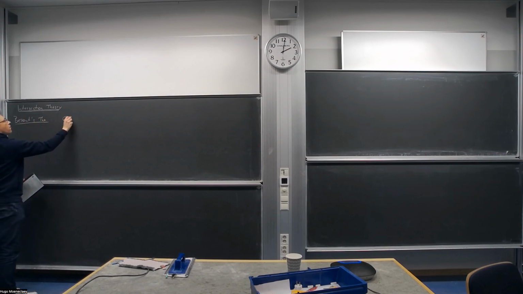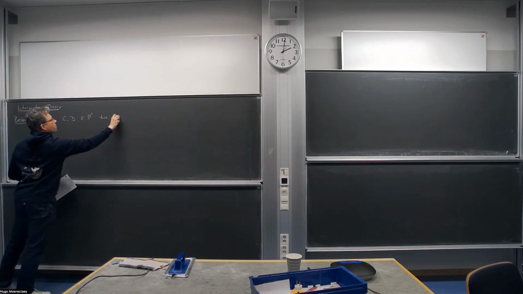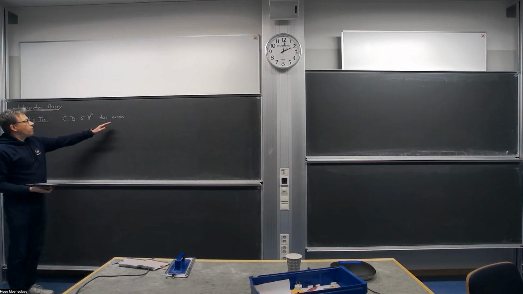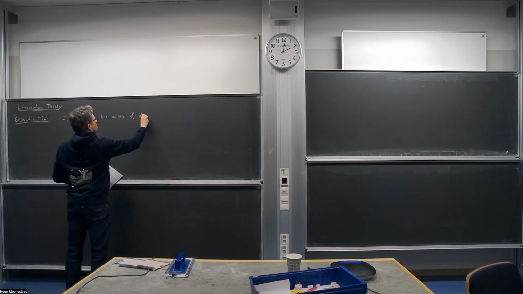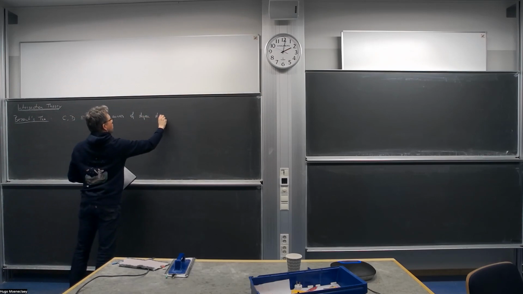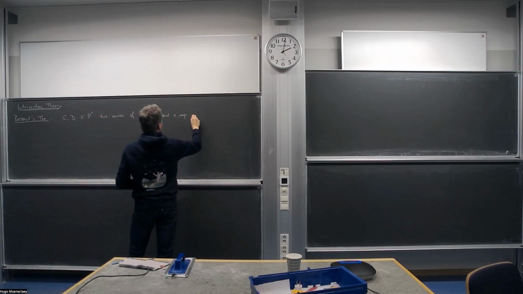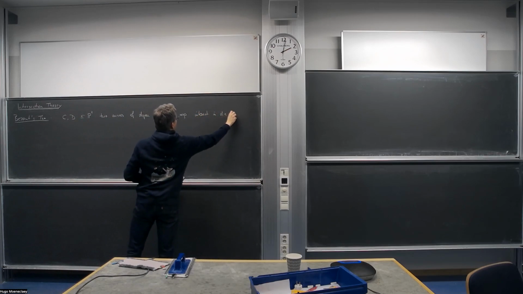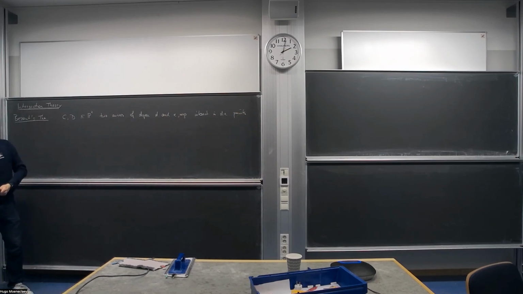When we have C and D, two curves defined by irreducible polynomials, over some field, of degree d and e respectively, they intersect in d times e points. Like a line intersects a quadratic in two points.